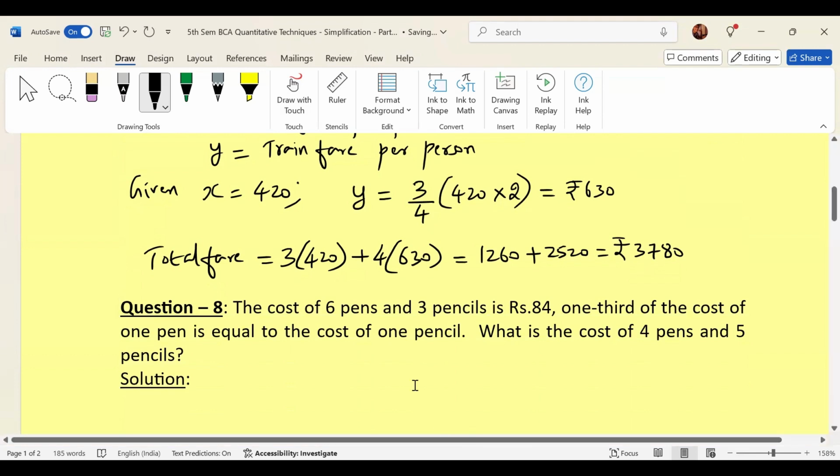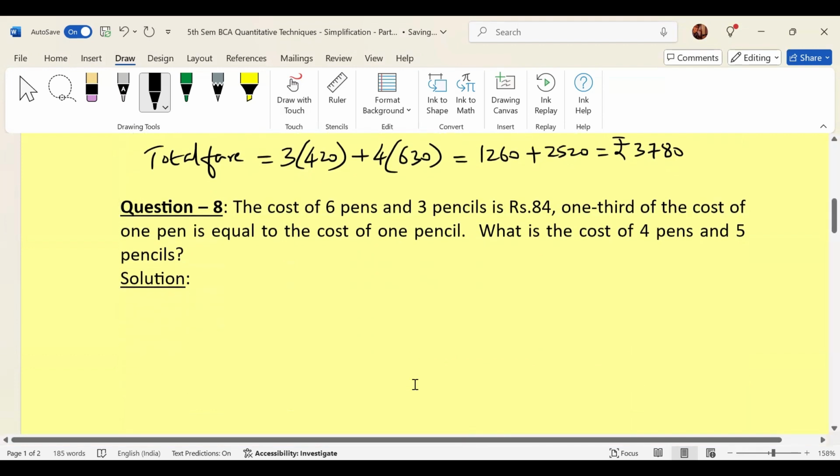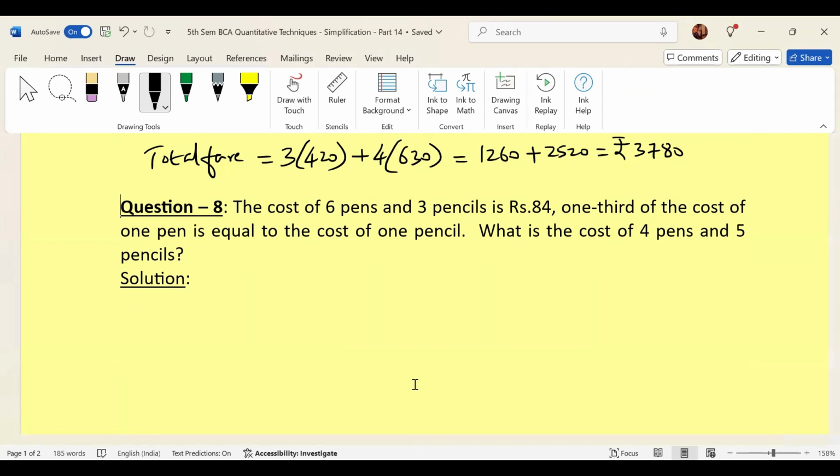Question number 8. The cost of 6 pens and 3 pencils is rupees 84, 1/3 of the cost of one pen is equal to the cost of one pencil. What is the cost of 4 pens and 5 pencils? So let the cost per pen be x.